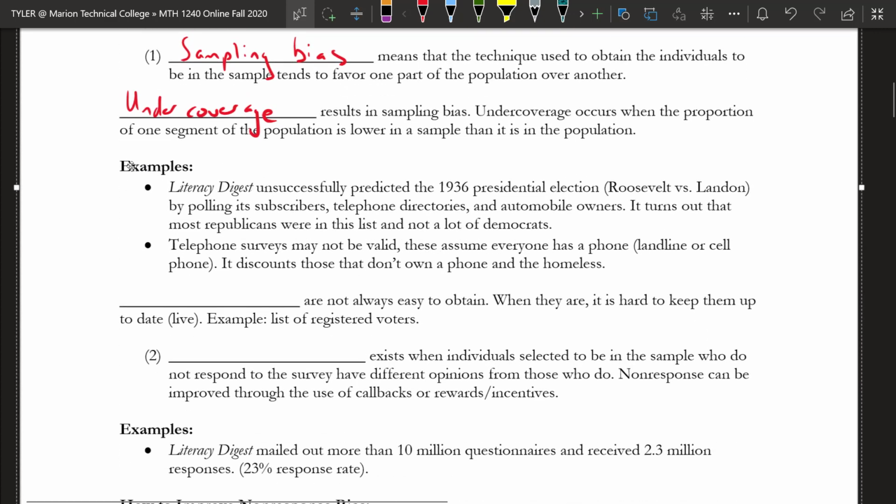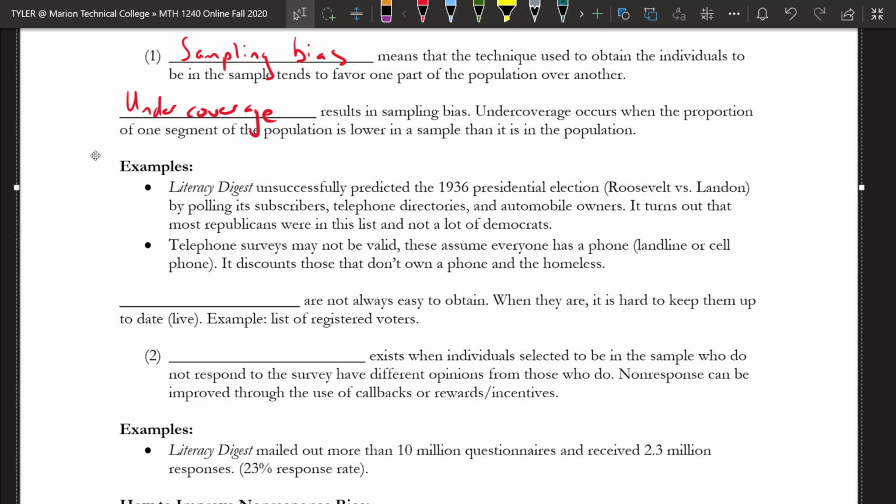There are also some examples in the text in this section to read over about sampling bias. One example was using the Literary Digest to predict the 1936 presidential election, Roosevelt versus Landon. The Literary Digest polled their subscribers, went through a telephone directory, and also pulled automobile owners to build their list.